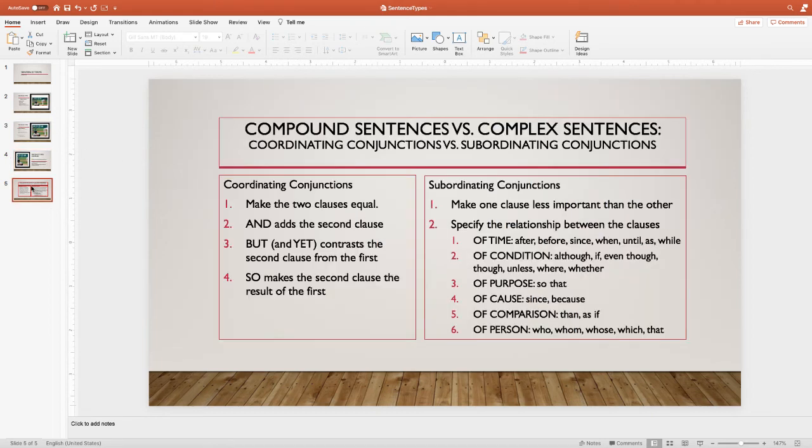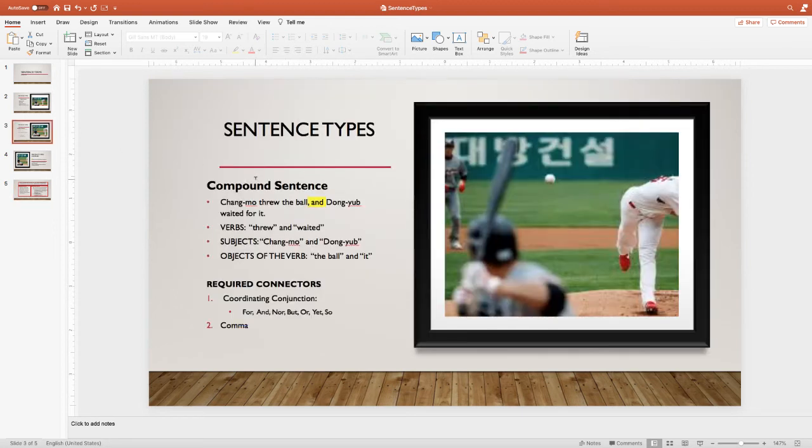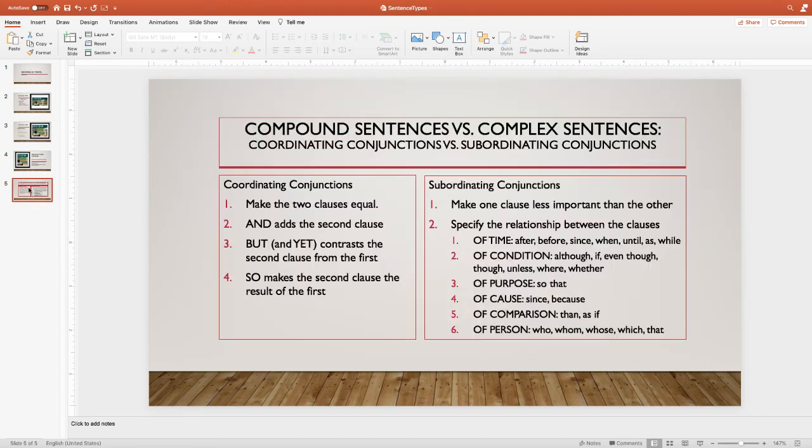Okay, so that shows a contrast, and the word so, by itself, is used to show result. Chang Mo threw the ball, so he expected to strike out Dong Yub. That was his purpose, okay? That was what he was trying to accomplish.